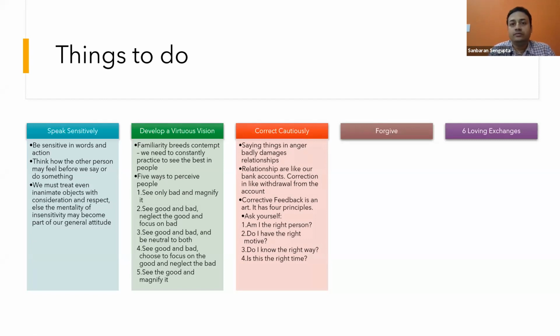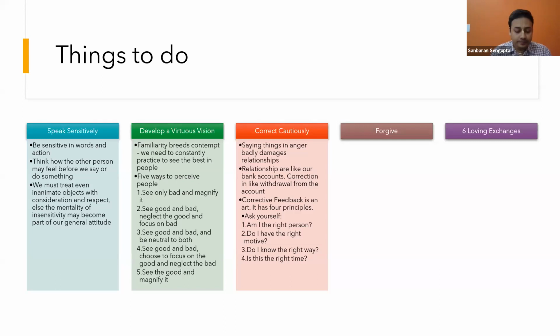Something is going wrong. Yes, and modern day, you see, everybody is eager to correct. Yes, you see the politicians, you see the film stars on Twitter, you see the sports people on Twitter, and everybody is just hurling criticisms and ready to correct the whole world and share criticism and corrections everywhere.